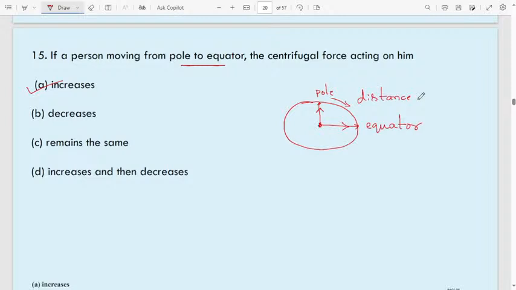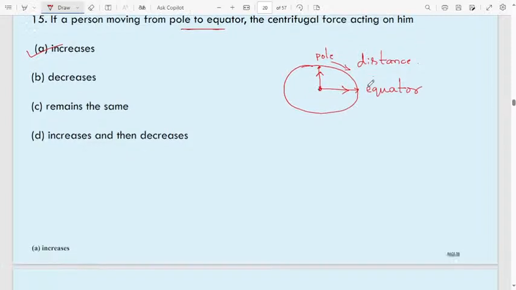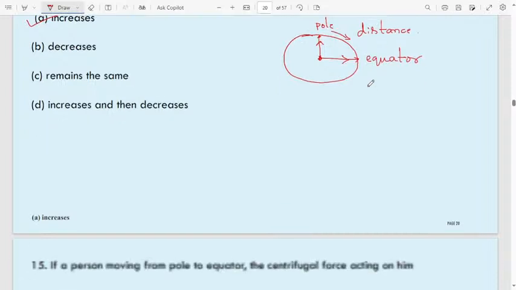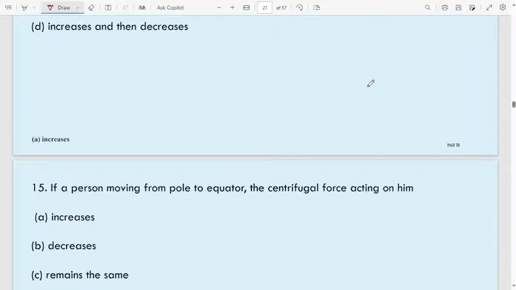If a person is moving from pole to equator, the centrifugal force acting on him will increase. As the distance increases, the centrifugal force acting on that person also increases. Let us move to the next question.